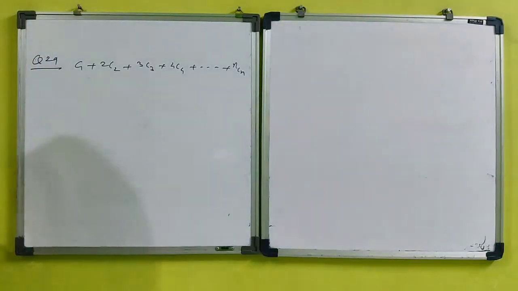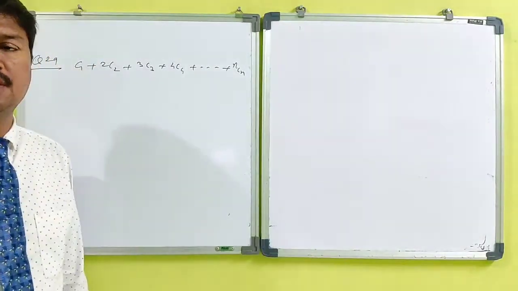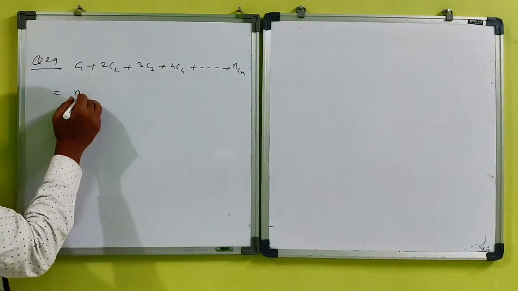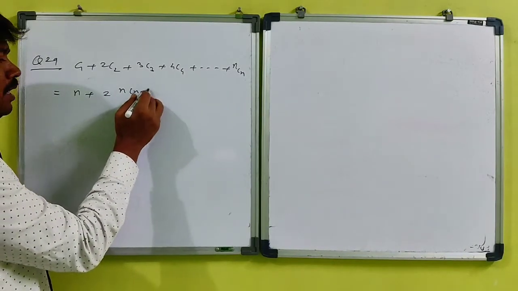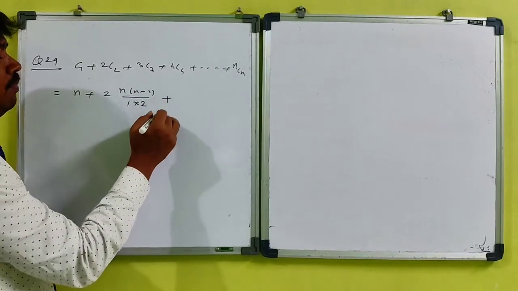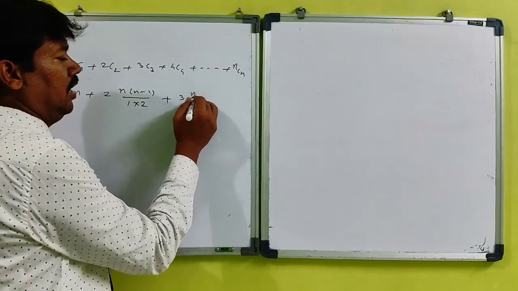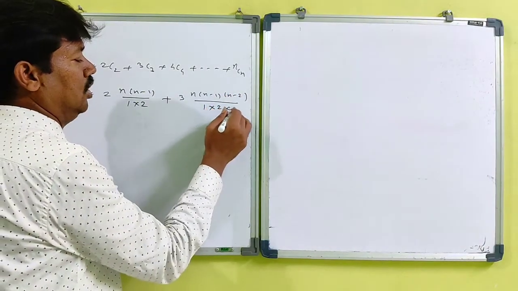Next question, question number 29. There is C1 plus 2C2 plus 3C3. What is the value of this? Again the same way, C1 is n. 2 into C2, that is 2 into n into n minus 1 upon 1 into 2, plus 3C3, that is 3 into n into n minus 1, n minus 2 upon 1, 2, 3.